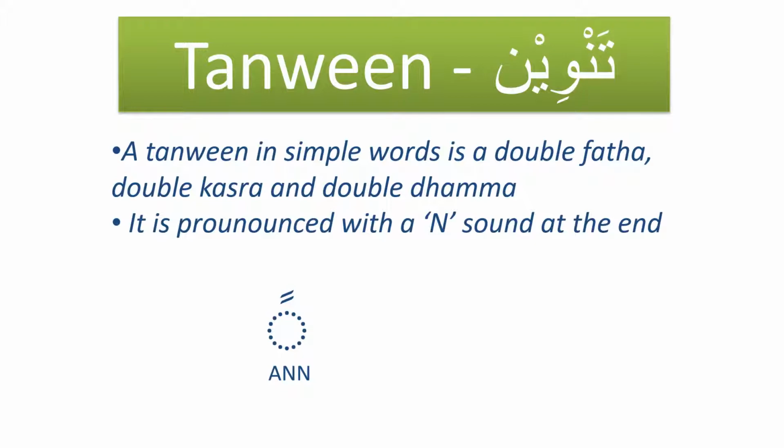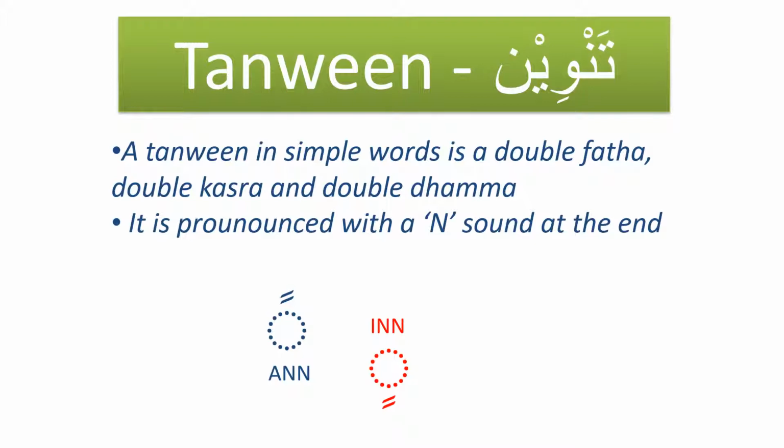So for example, we know Fatha is pronounced with an A sound. With a Tanween, when there is a double Fatha, we are going to pronounce it as Un. Same way with Kasra. Kasra is pronounced as the E sound.